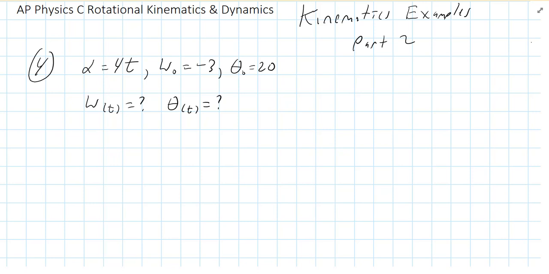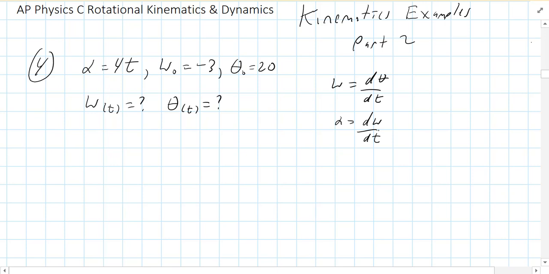So the two that I'm going to rely on here are omega is d theta dt, and alpha is d omega dt. Now, this is the kind of stuff we could have done way back in our first unit with linear kinematics.